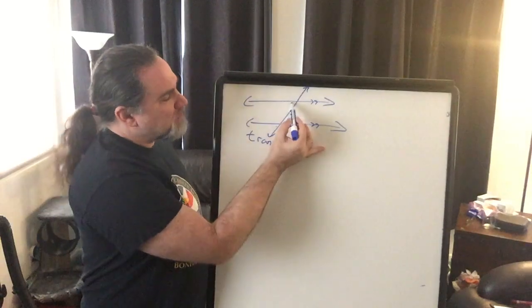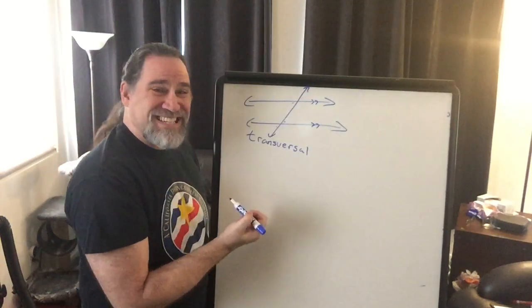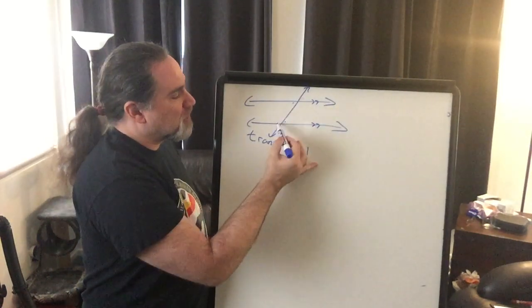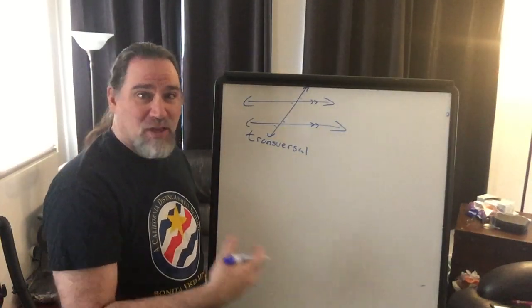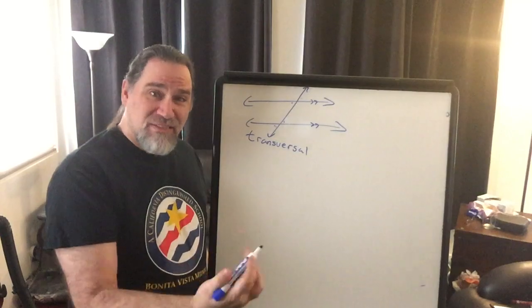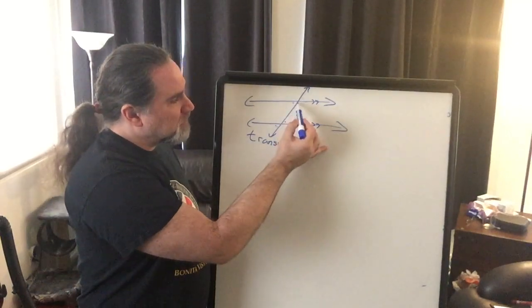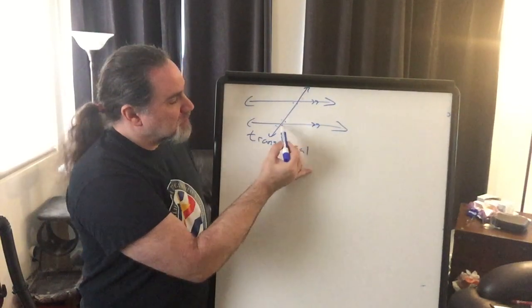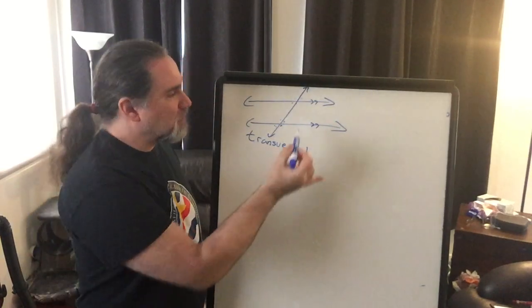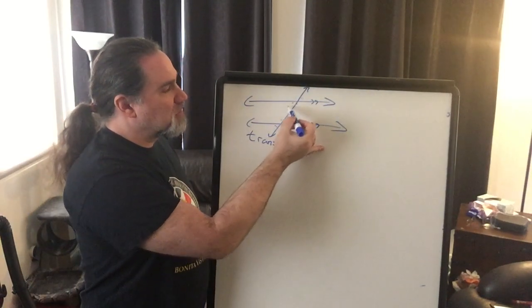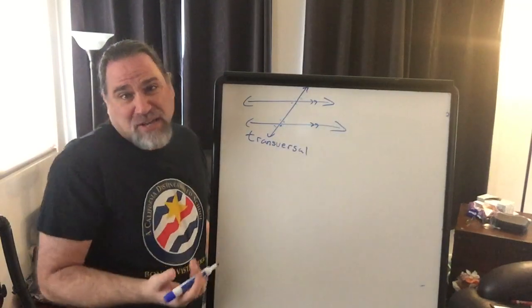We have a term, these are called alternate interior angles, and these are called alternate exterior angles. But the truth of the matter is they're all the same. They all have the exact same measurement. And then all the large angles, here, here, here, and here, are also all the same for the same reasons. They are either alternate exterior or alternate interior angles.